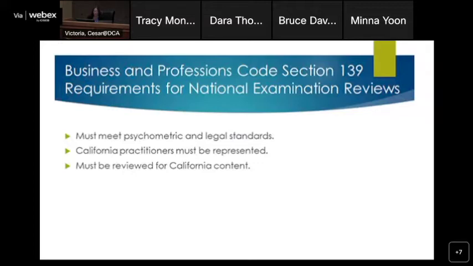Okay, so let's go on to national examination reviews. And this is what we'd like to propose to do for your national examination. It is due for a review. In order to be compliant with Business and Professions Code Section 139, your committee is required to take an in-depth look at the national examination to ensure that it continues to meet psychometric and legal standards.